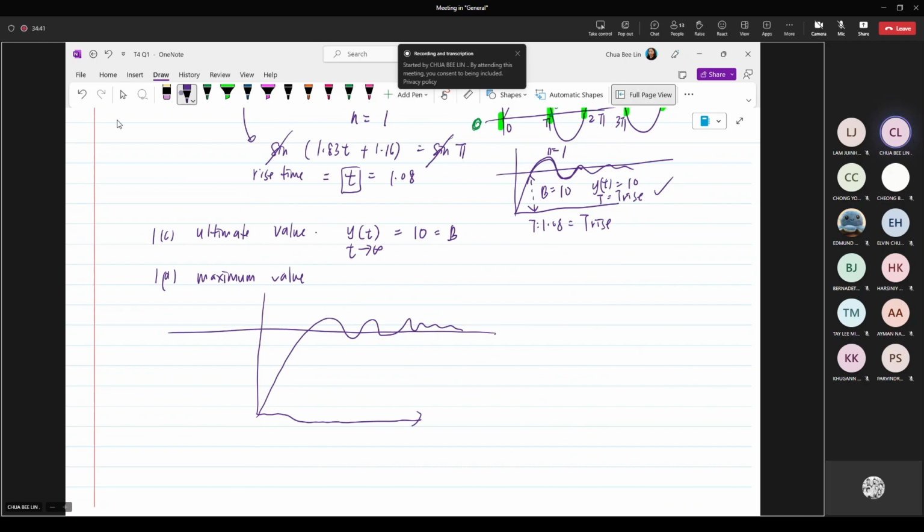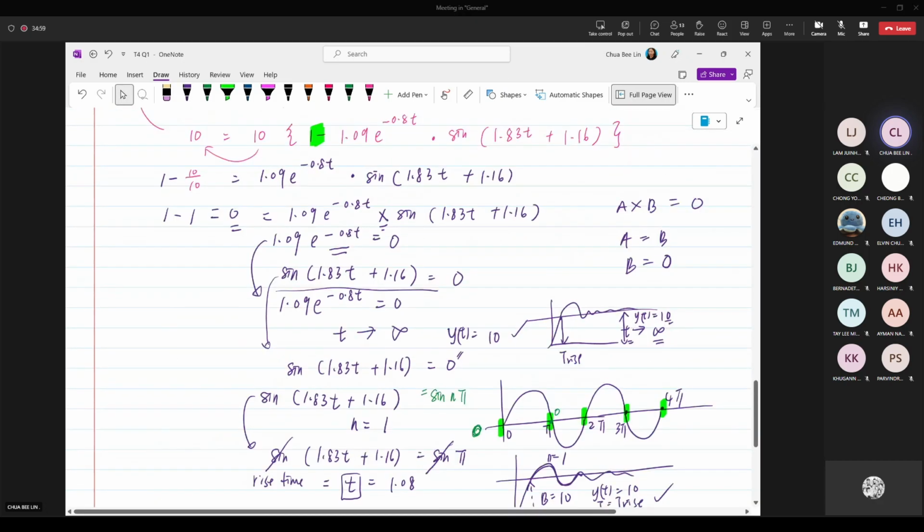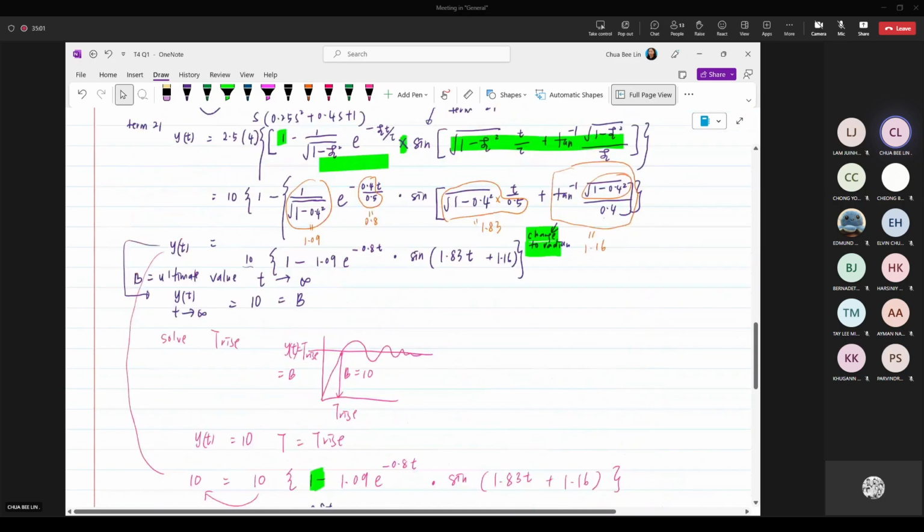So here is your B, here is your A. Maximum value is A plus B. Just now you have overshoot equivalent to A over B, and you used the formula, you already calculated the answer to be 0.2 something.